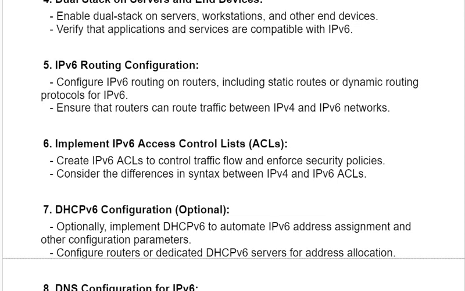Our seventh solution is DHCPv6 configuration, optional. Optionally implement DHCPv6 to automate IPv6 address assignment and other configuration parameters. Configure routers or dedicated DHCPv6 servers for address allocation.